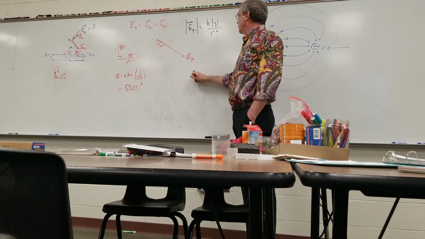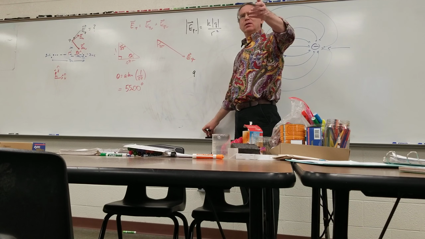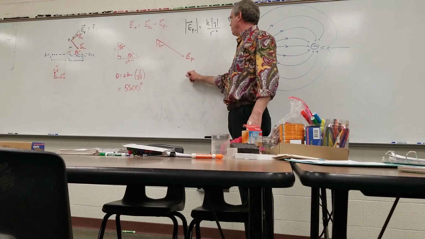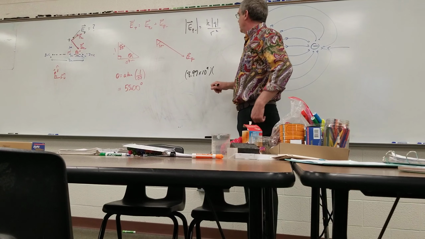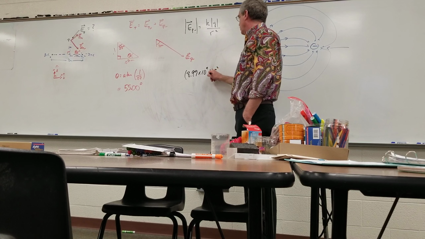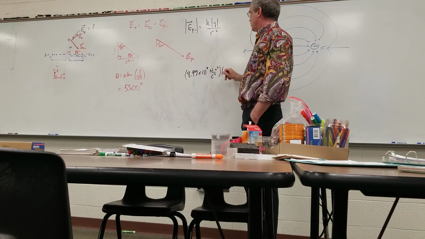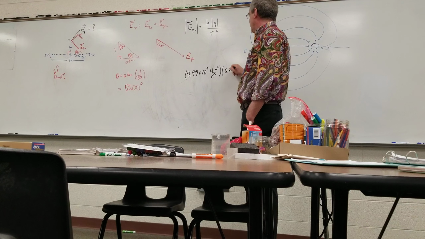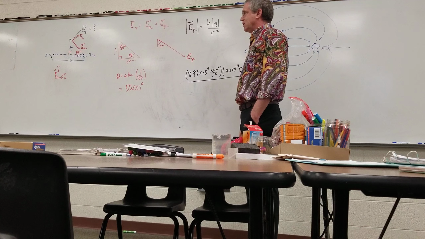Jabez, you said 8.99, or do you want to use 9? 8.99, all right, so 8.99 times 10 to the 9th Newton meter squared per Coulomb squared, times the magnitude of the charge, so that's 2 times 10 to the negative 9th coulombs, divided by the distance squared.